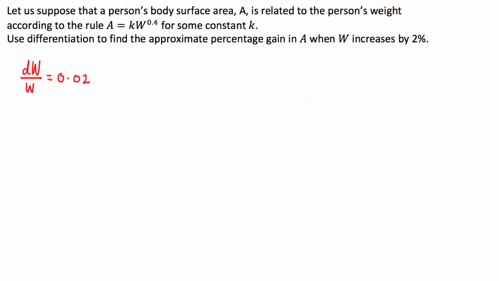And what we're looking for in this question is the approximate percentage gain in A. So we're looking for dA over the original amount of A, which is the purpose of this question.